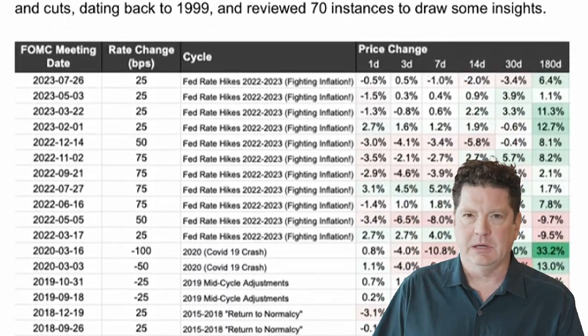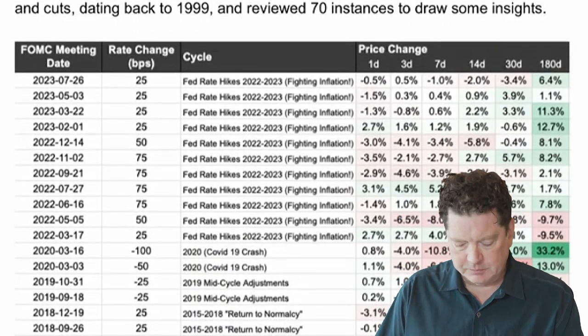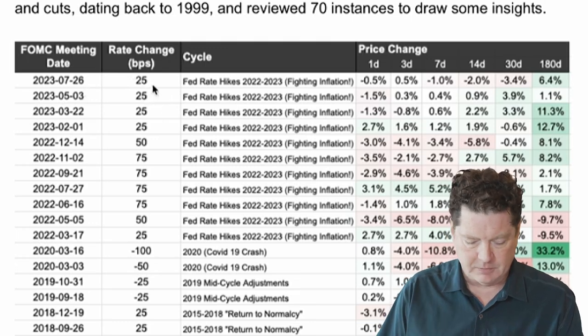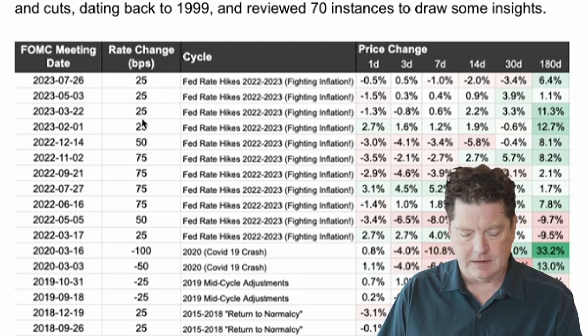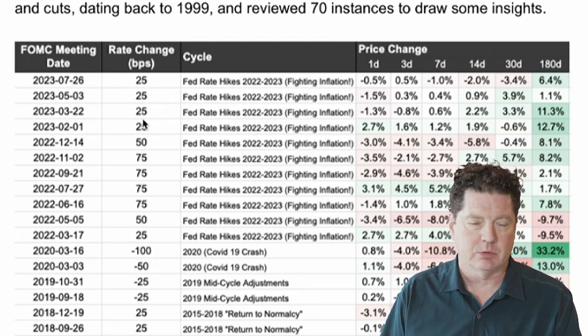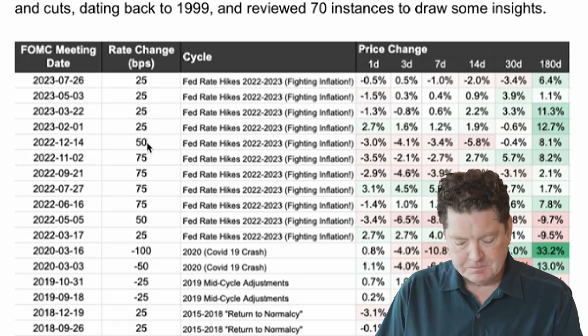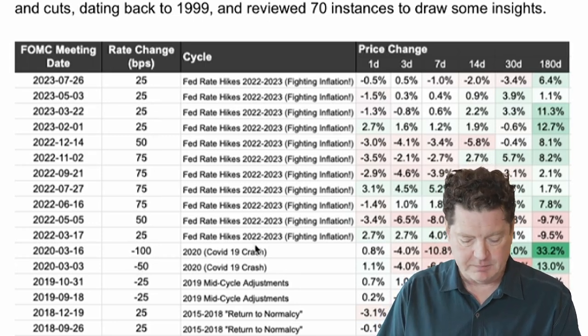What does that actually mean to the market? The guys put together, going back 25 years, some information about the date and the number of basis points that the FOMC changed the Fed funds rate by: up 25 basis points, up 75 basis points, down 100 basis points, et cetera.